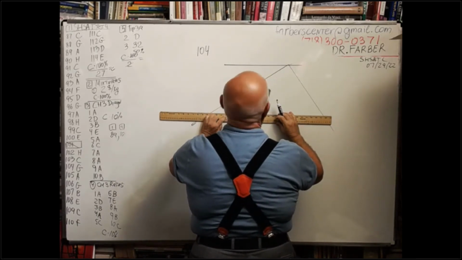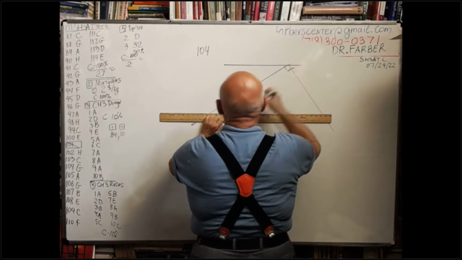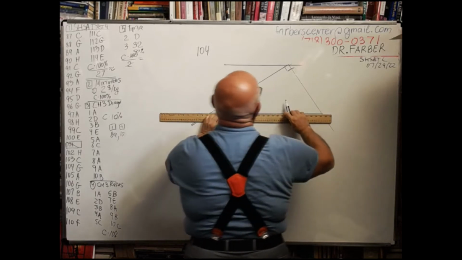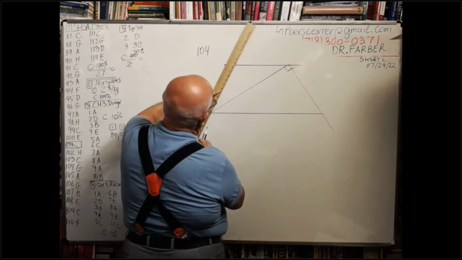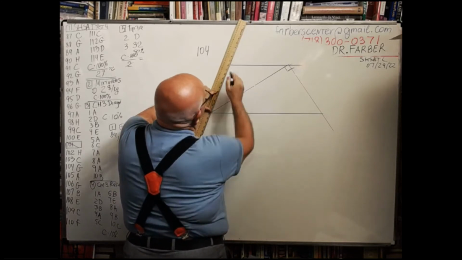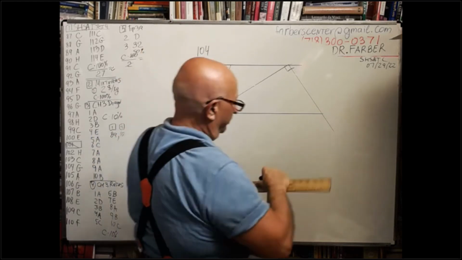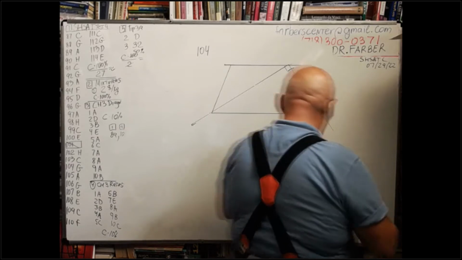This is a right angle. And this is an isosceles trapezoid, kind of like this. Let me see what is given here.